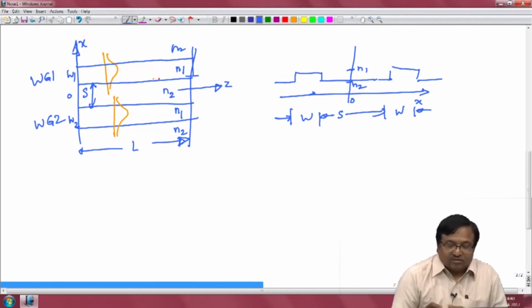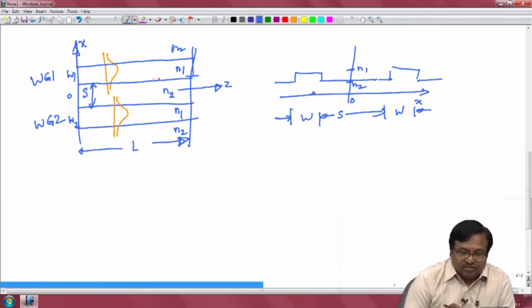So, in scalar coupled mode theory, we express the entire mode field of the structure as a combination of the mode fields of the individual waveguides.